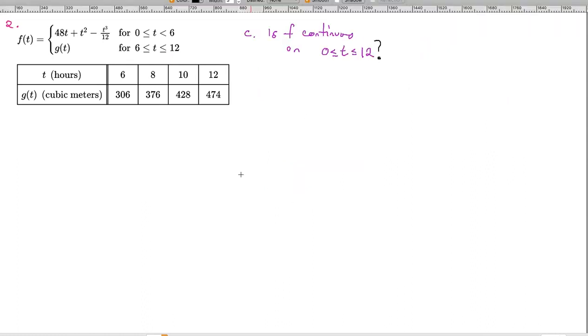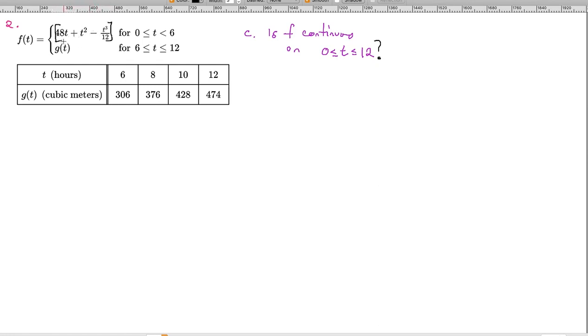Determine if f is continuous on this interval, essentially where it's defined here. And the key here is that you want to look to see if the pieces of f are continuous. So right here, you have this top piece for f, and it's a polynomial.